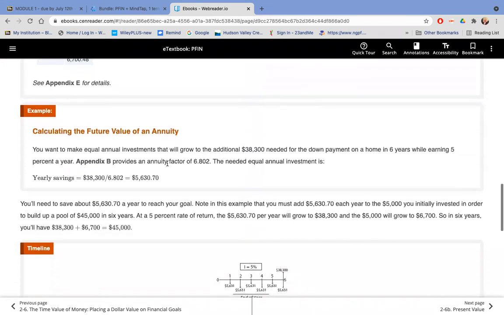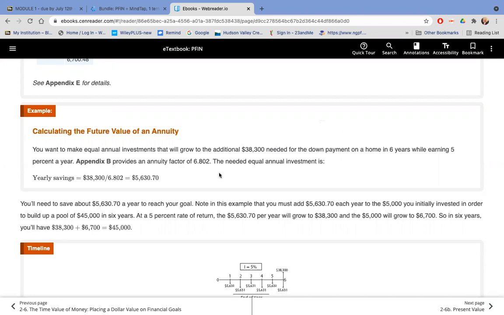So here is an example where you hoped to have another $38,300 that you need for a down payment on a house. You have 6 years to do it, and you're hoping to earn 5% a year. How much would you need to put in every year to get $38,300? Well, Appendix B will give you the factor.